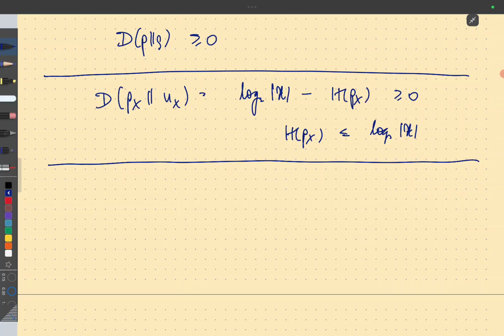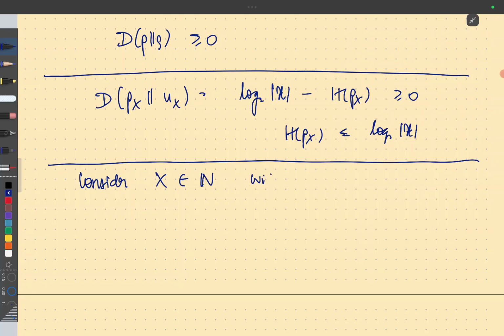Now, if the alphabet is not finite, the notion of uniform distribution doesn't make sense anymore. Right? So let's see what happens. So let's take any X which is distributed over, say, the natural numbers. Okay, so it takes values 1, 2, 3, all the way up to infinity.